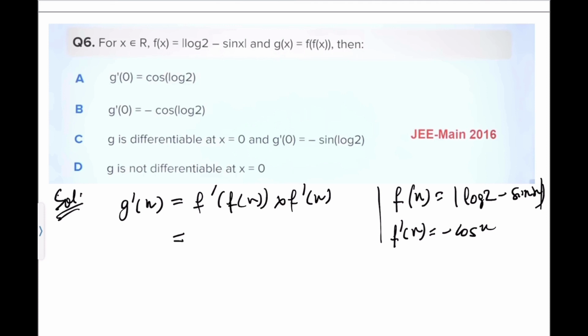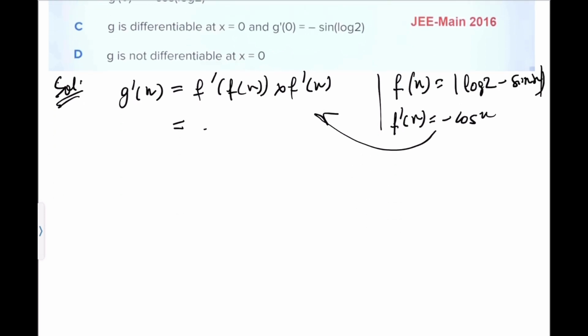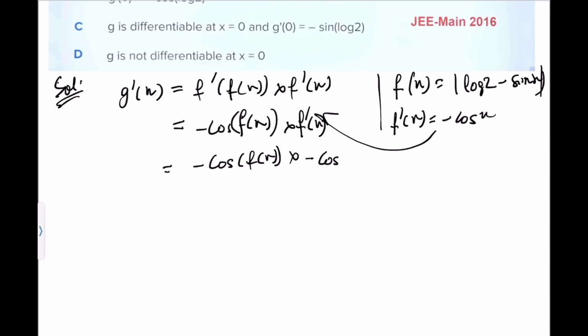So we are going to use this. What we will be having is minus cos of f(x) times f'(x), and since we know f'(x) is again cos x, it is cos x multiplied by minus cos of x.